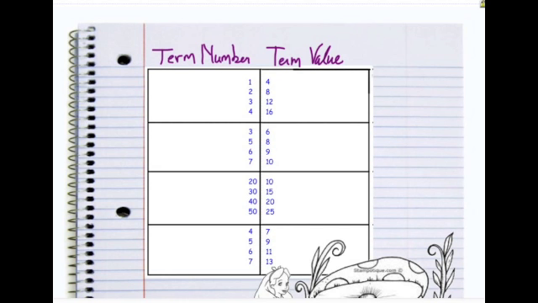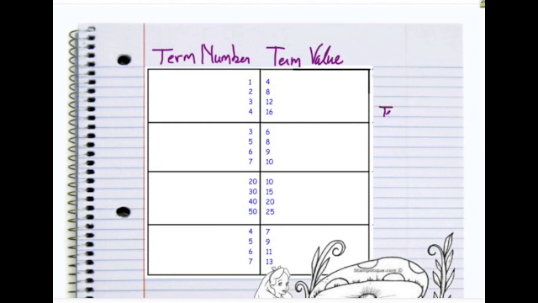When we're solving the pattern rule, we have to look at the term number and the term value and decide how the term number can be changed using one of our operations, addition, subtraction, multiplication, division, into the term value. So the term number would be considered the place in our pattern, and the term value would be considered the worth. So we can write that down.